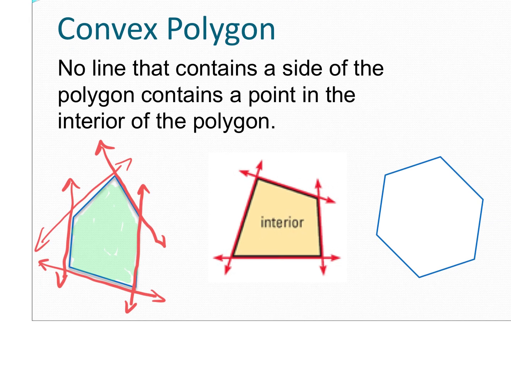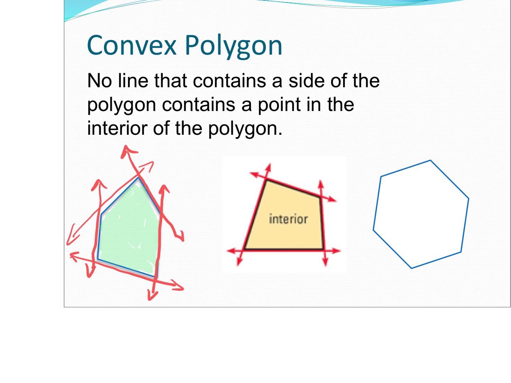So all of these are examples of convex. So again, here, if I were to color in and show the interior of this one, and again, if I were to trace over the sides with a red line, the red would never enter that blue, making it convex.